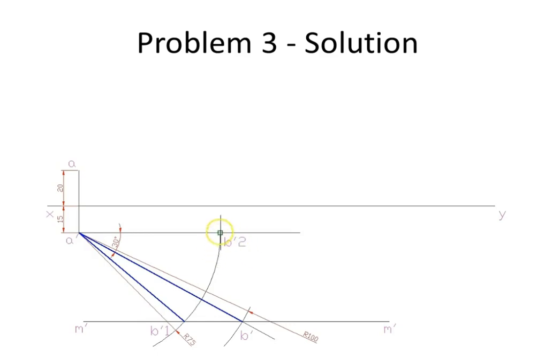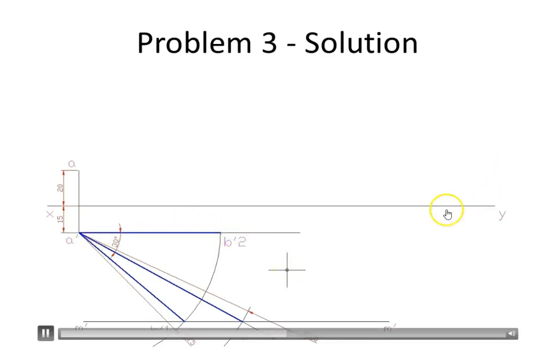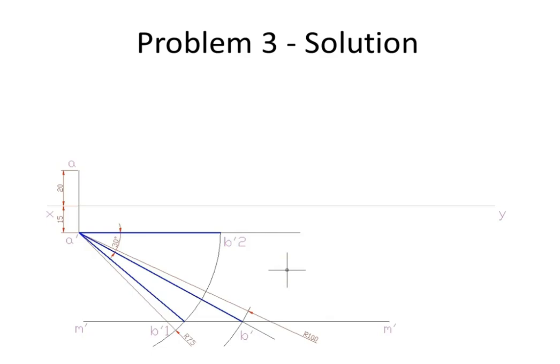And now, as usual, we rotate that and make it parallel to the XY line. What would be the next logical step? Since we have got A dash B2 dash parallel to the XY line, this is when you have to connect what we have learned before.